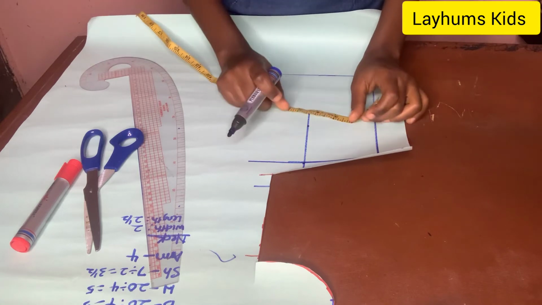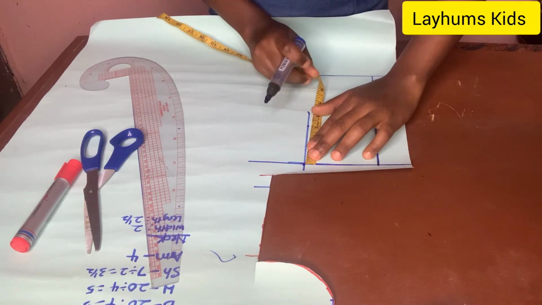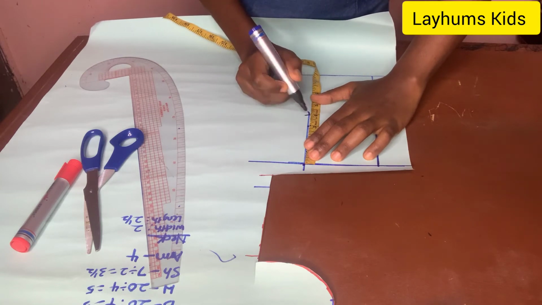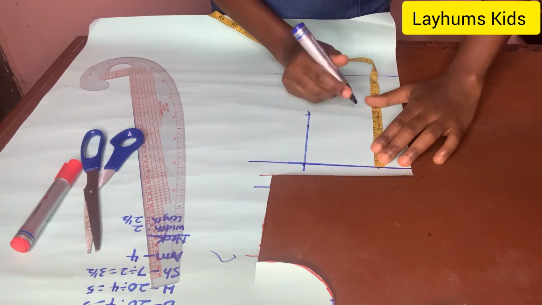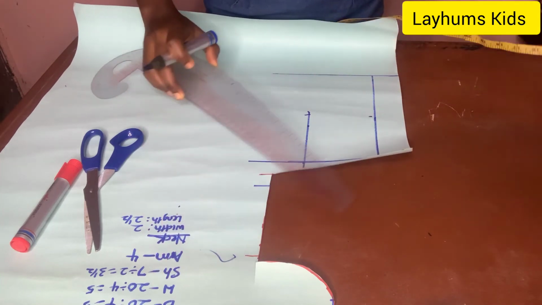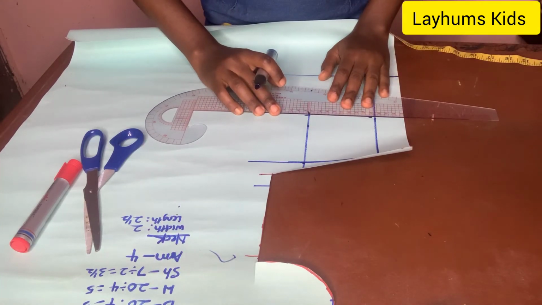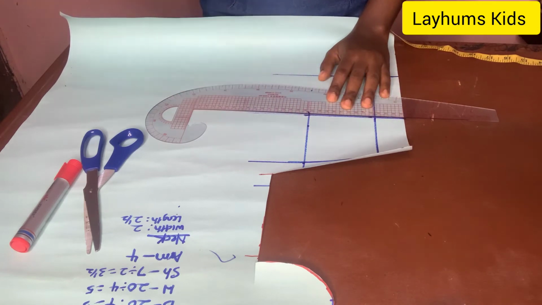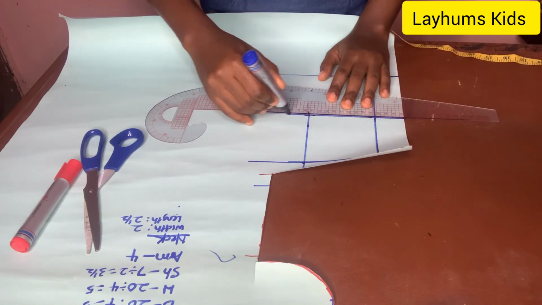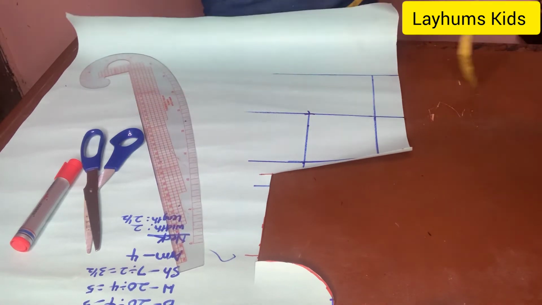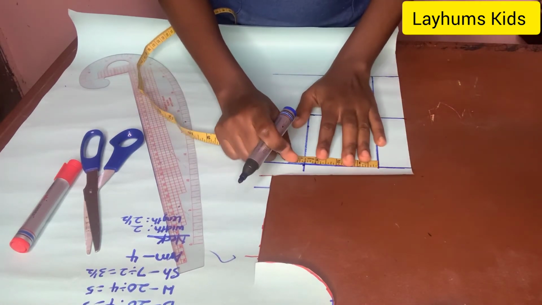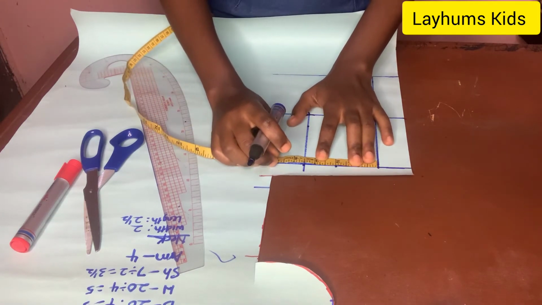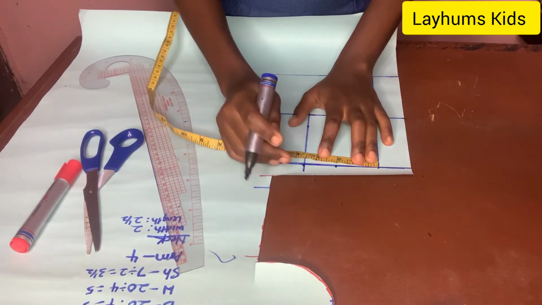From this shoulder line, I'll mark my armhole, which is 4 inches. I'll mark my neck 2.5, 2 inches wideness.